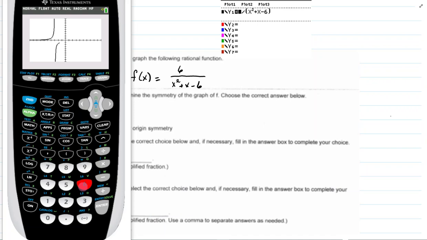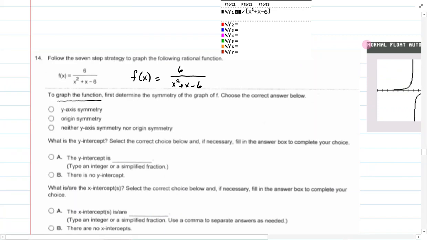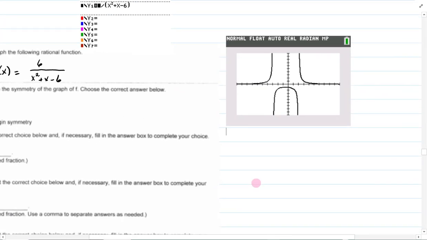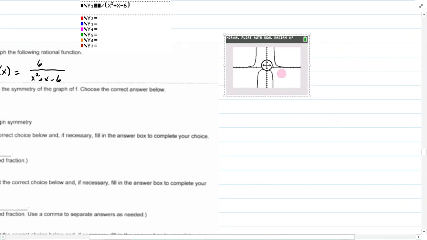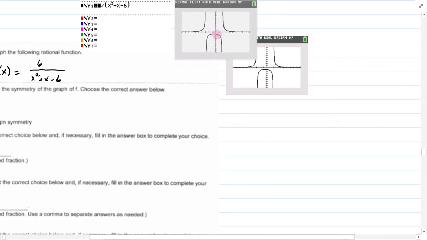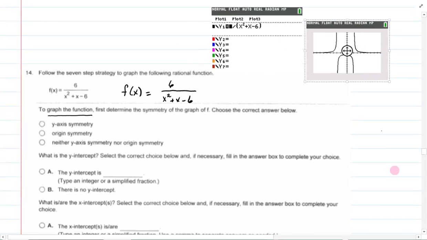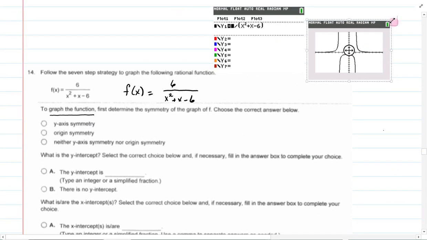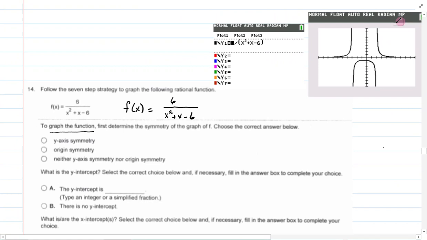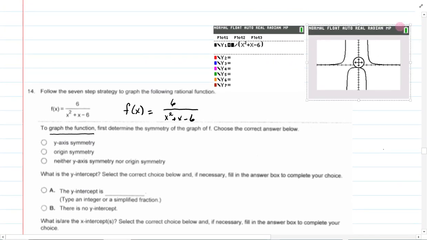I am only doing this right now because I want to talk about symmetry. So let me grab this graph and put it over here, make it a little bit smaller, and move it up here. There we go. Now they're the same size.